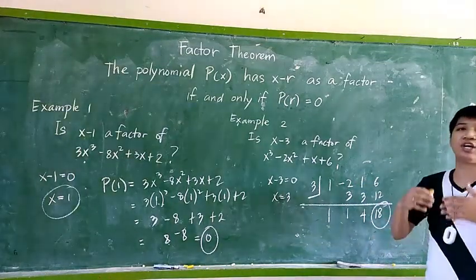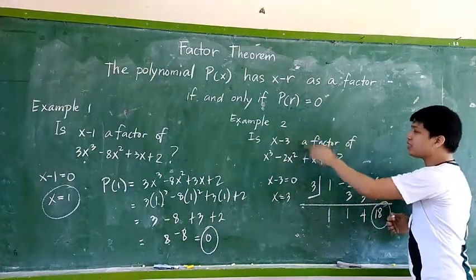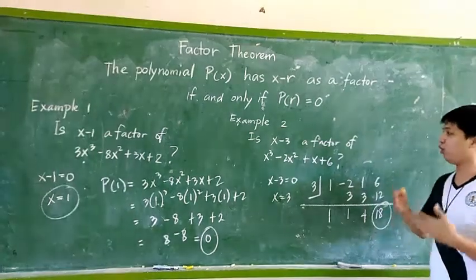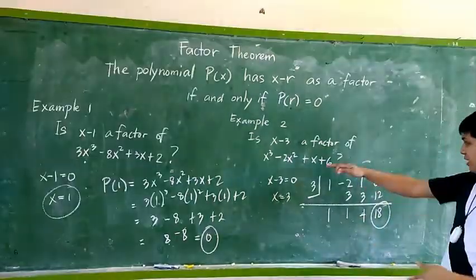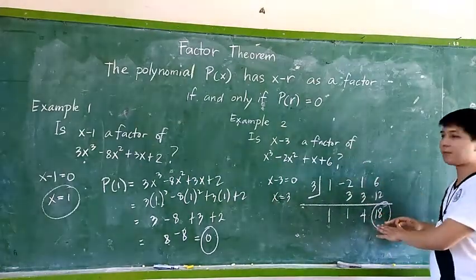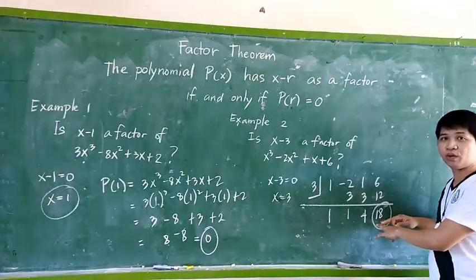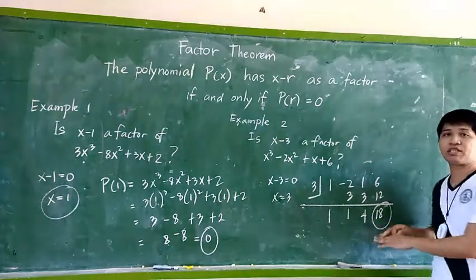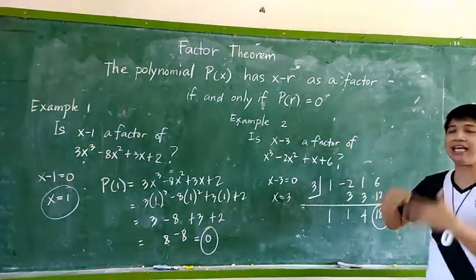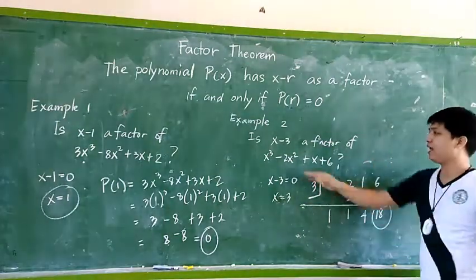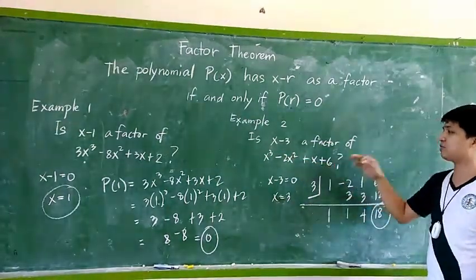The answer is no. x minus 3 is not a factor of x cubed minus 2x squared plus x plus 6 simply because the remainder is not equal to 0. Our remainder here is obviously 18. So x minus 3 again is not a factor.